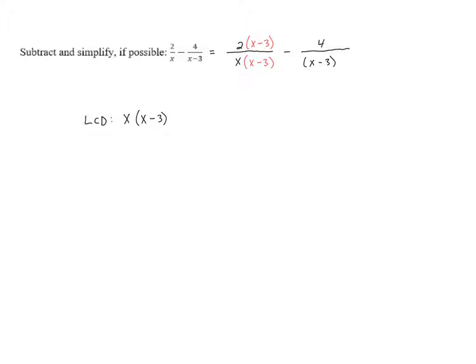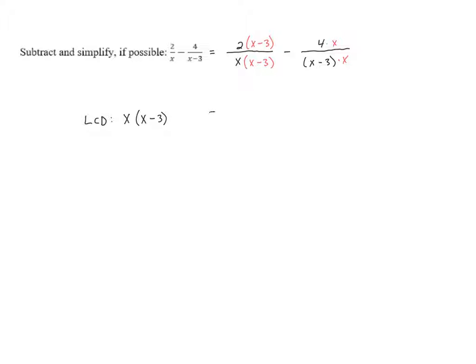In the second one, there's an x minus 3, but in addition to the x minus 3, we also need an x in that denominator. So we need to multiply the top and bottom by x. Once we've done that, we now have a least common denominator and two fractions with the same LCD.